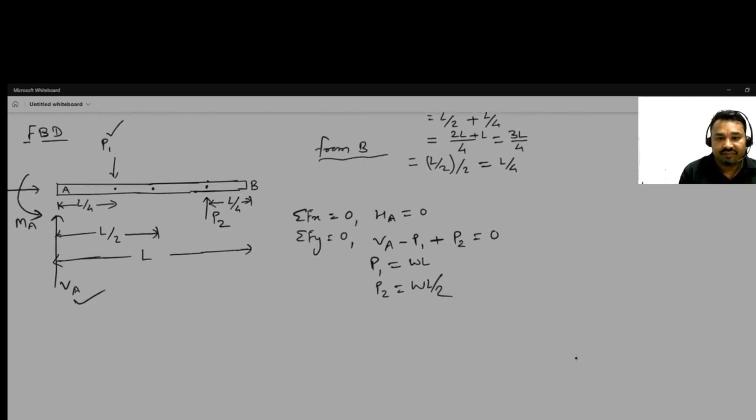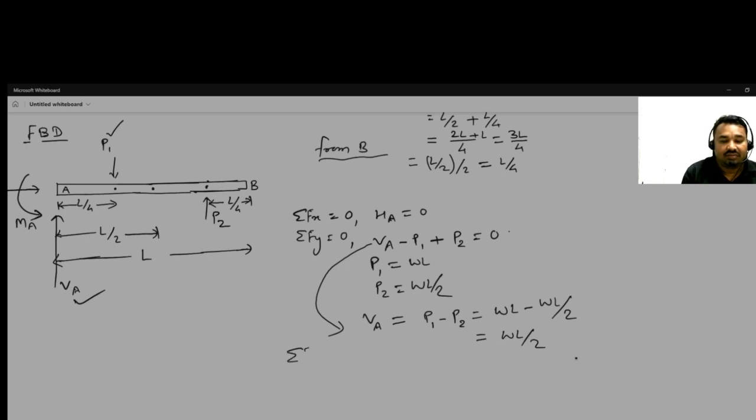So what we get from this, VA is equal to P1 minus P2, is equal to WL minus WL by 2, is equal to WL by 2.